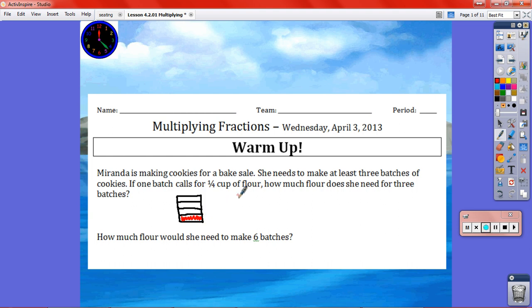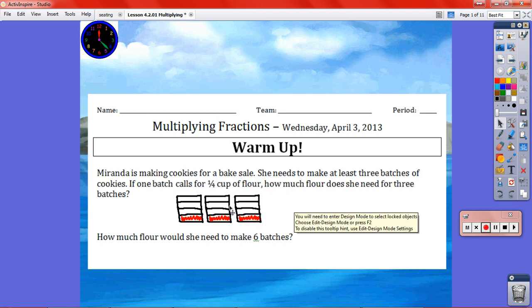But I need 3. So if this is 1, and I need 3 of them, well, I could do this a couple of ways. I could just duplicate it until I have 3 of them. But that doesn't tell me what this is in terms of the whole.